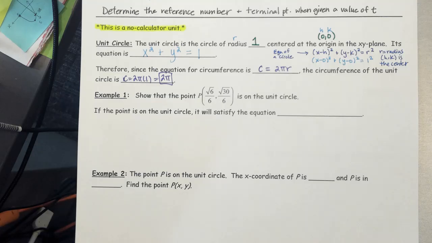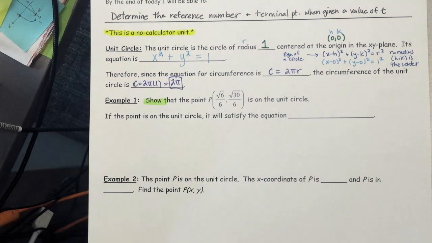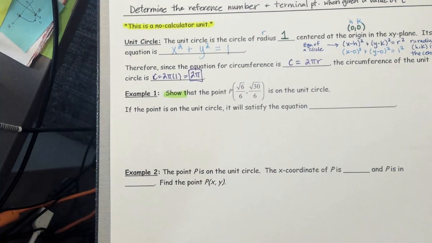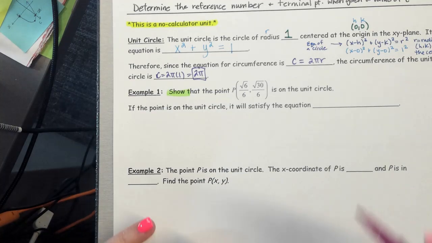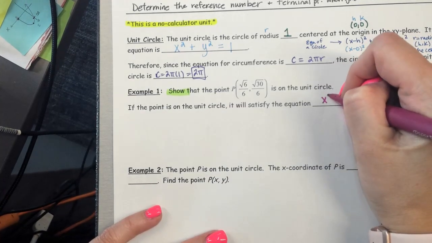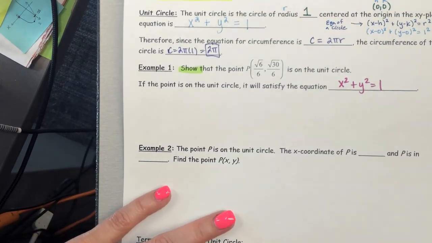So in example 1, it says just show that that point is on the unit circle. If you are showing something, you are verifying. This is going to be like a check where you have to plug it in and make sure both sides are equal. So if it is on the unit circle, it has to make this equation true. x squared plus y squared equals 1.